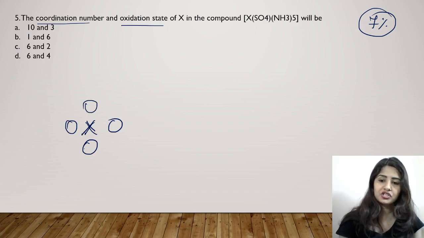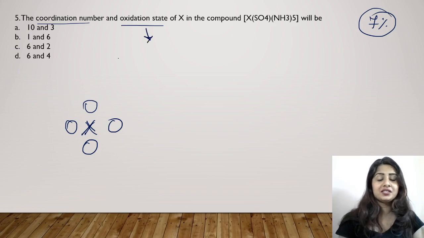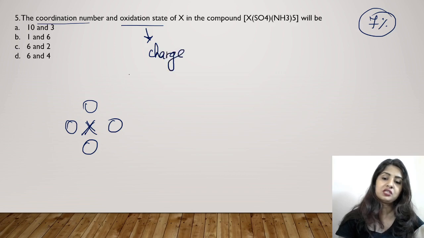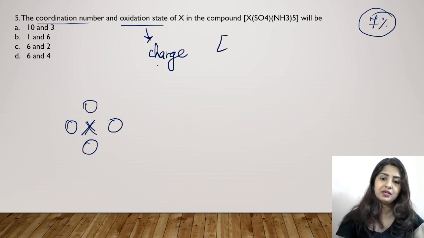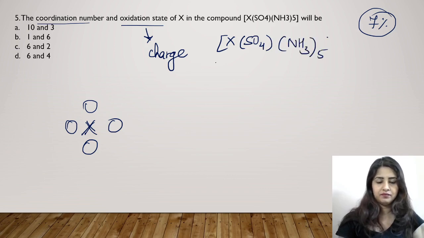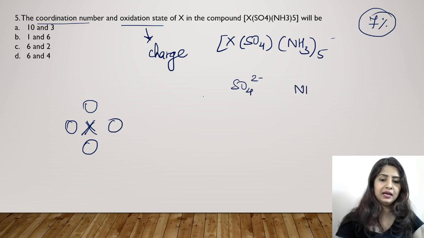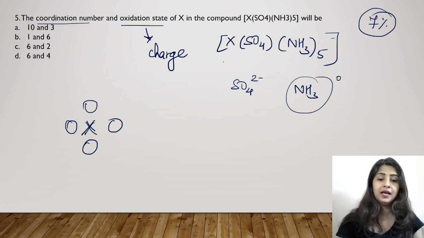This is called the coordination number, whereas oxidation state is the formal charge or overall charge possessed by that species. If you see this, it is X, SO4, that is sulfate, and NH3, with 5 ammonia. SO4, sulfate, possesses a charge of -2, and ammonia, NH3, doesn't have any charge, so you call it 0. Overall the entity doesn't have any charge, so it is 0.